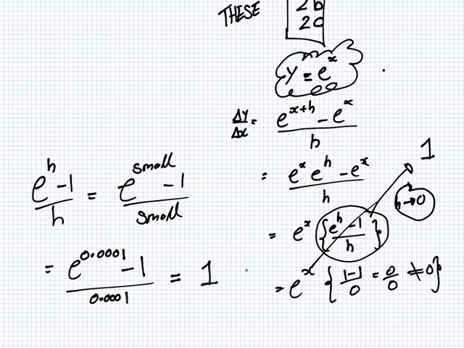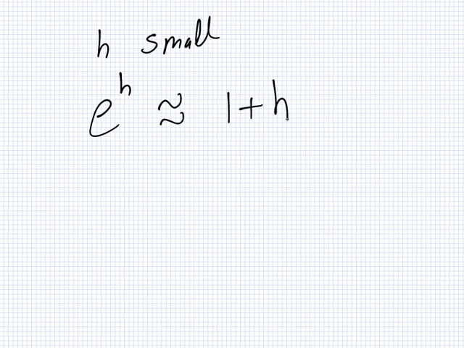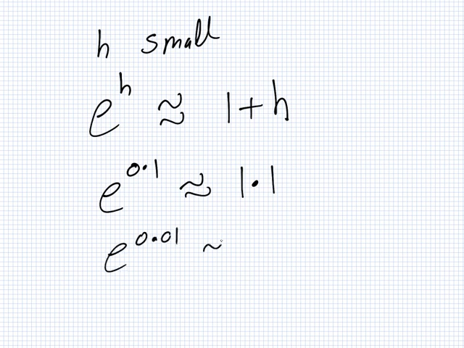But you might be thinking, how can I know it's 1? Maybe it's not exactly 1. Well, there is another idea that you can use. If h is small, then e to the h is roughly equal to 1 plus h. You can check this on your calculator. If you type in e to the 0.1, you should roughly get 1.1. Or if you type in e to the 0.01, you should roughly get 1.01.